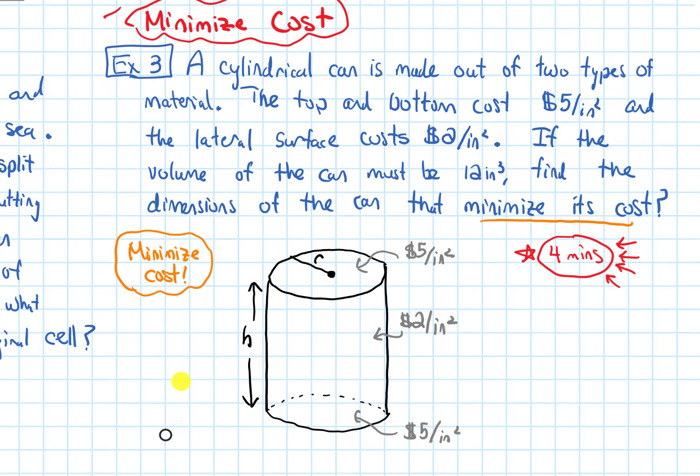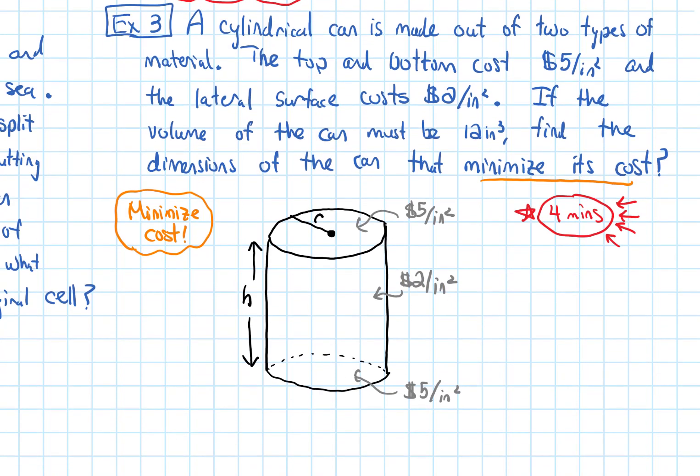Okay, so we are on to our next step, which is to write down our objective equation. So remember, our objective is just an equation for the quantity that we want to maximize or minimize. In this problem, that's the cost. So I'm going to call it C for cost. To be able to find it, I need to know the area of the top and of the bottom and of this lateral surface.